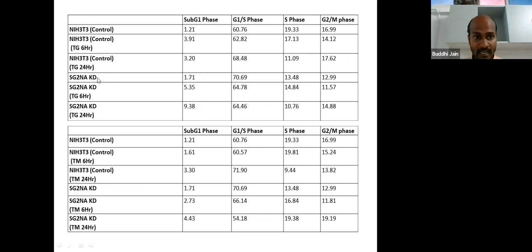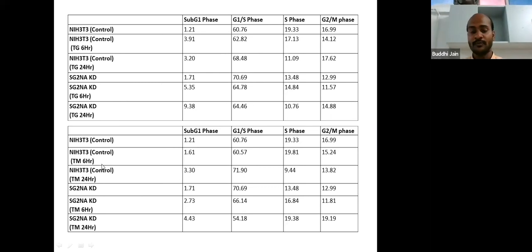So we can see that in SG20 knockdown conditions, the cells in the sub-G1 phase are more compared to the control cells. So this indicates that upon treatment with the thapsigargin in the SG20 knockdown cells, more and more percent cells are in the sub-G1 phase, which are pro-apoptotic cells.